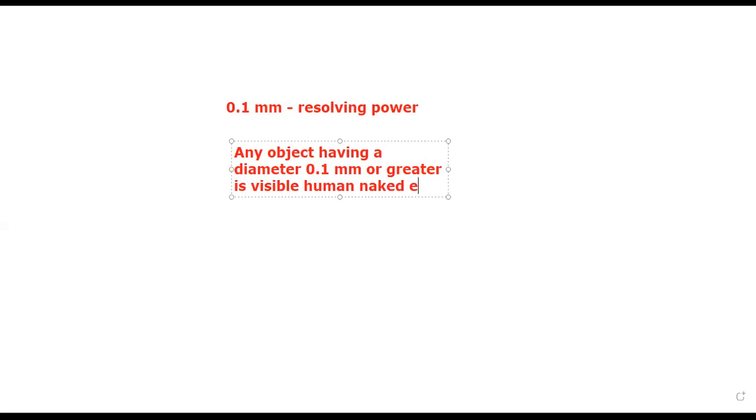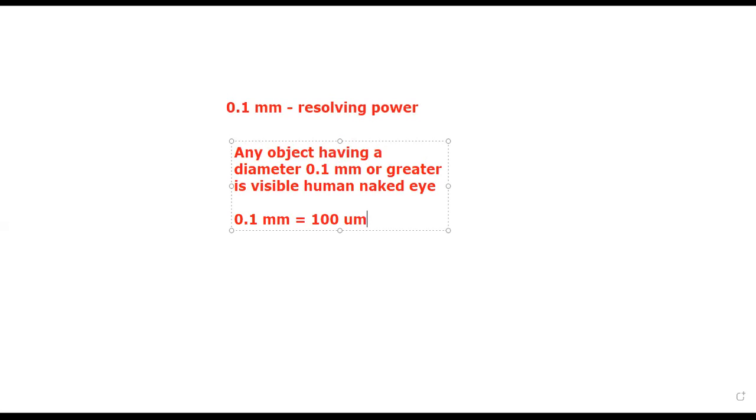Understood? Remember, 0.1 millimeter equals 100 micrometers. You know the micro sign, correct?